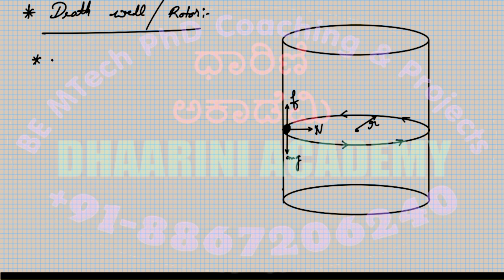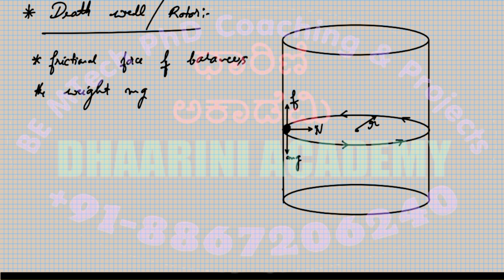So I'll write: the frictional force F balances the weight mg. So that means the friction F should be equal to m into g in this case.